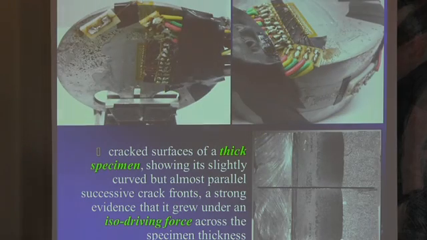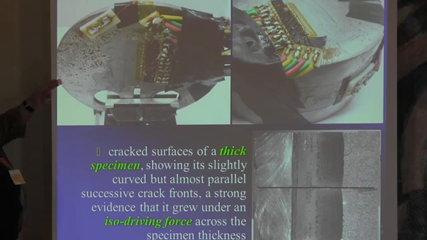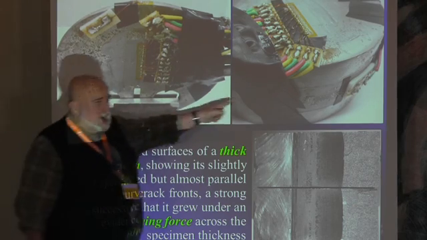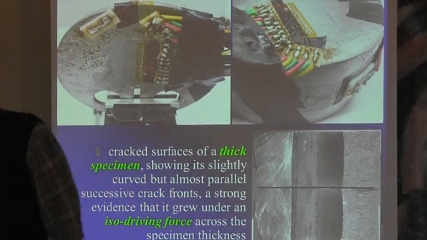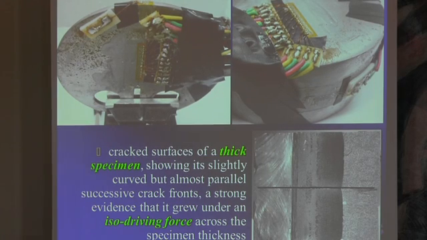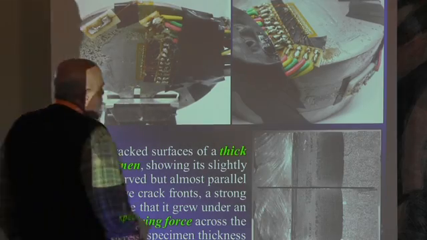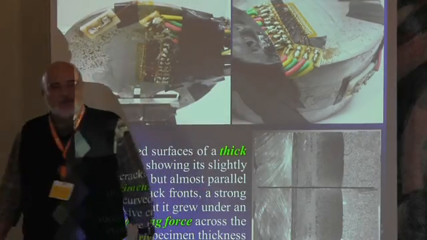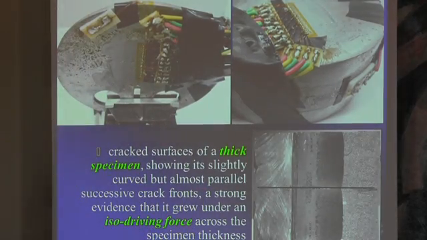Our idea was to take thin and thick specimens from a round bar, a 3-inch round bar. Thin ones were designed to have fatigue crack propagation driven under plane stress, using the classical definition of plane stress. Thick ones were designed to have fatigue crack propagation driven primarily under plane strain conditions, using, once again, classical definitions.